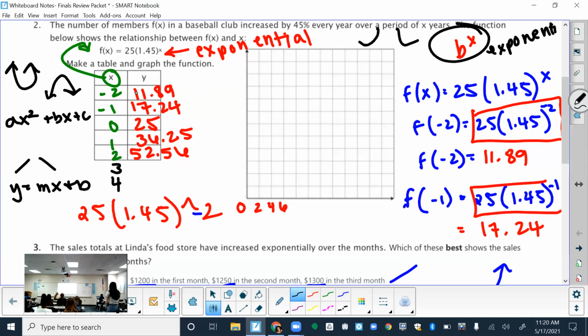How do you find your y values? Oh, you put the x in. Good. Exactly. You plug in your x values into the given equation. So here's an example of when we plugged in -2 and -1. Here's my original equation. Anytime there's an x, I'm plugging in the x value, right?